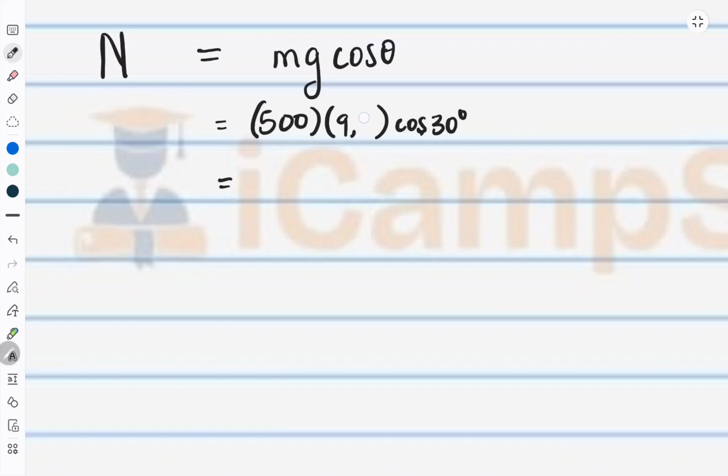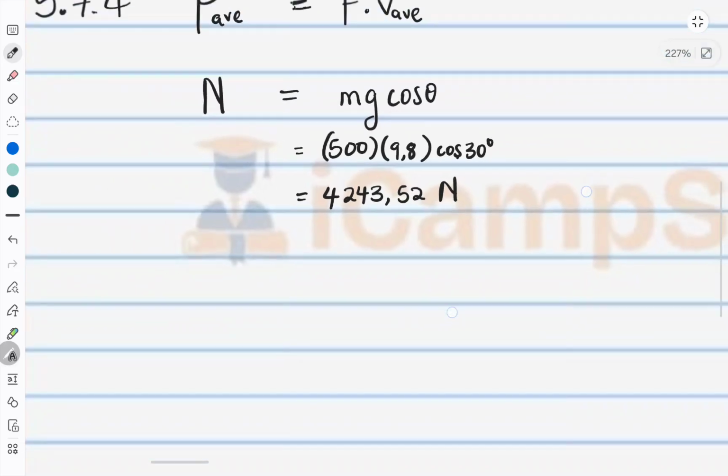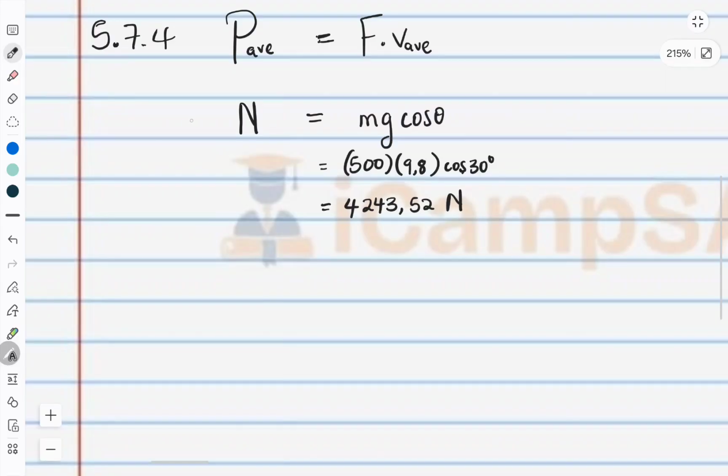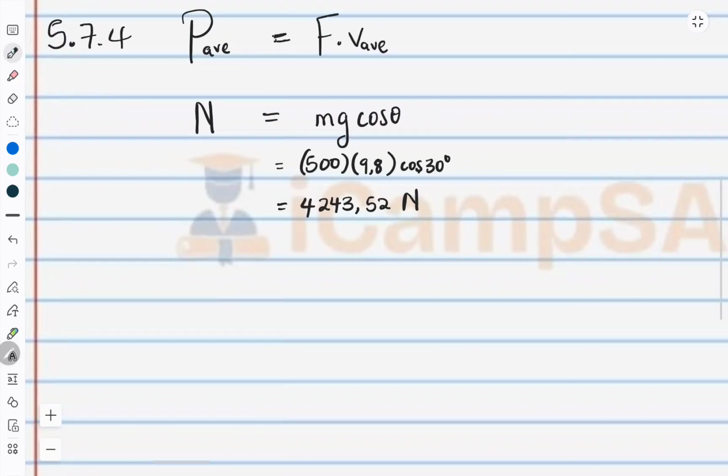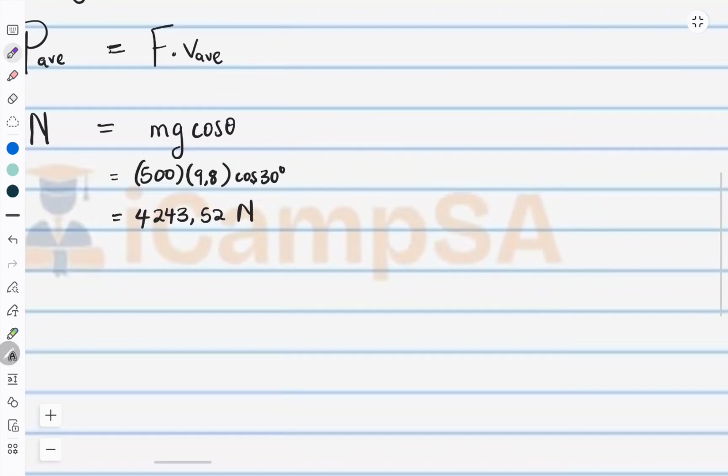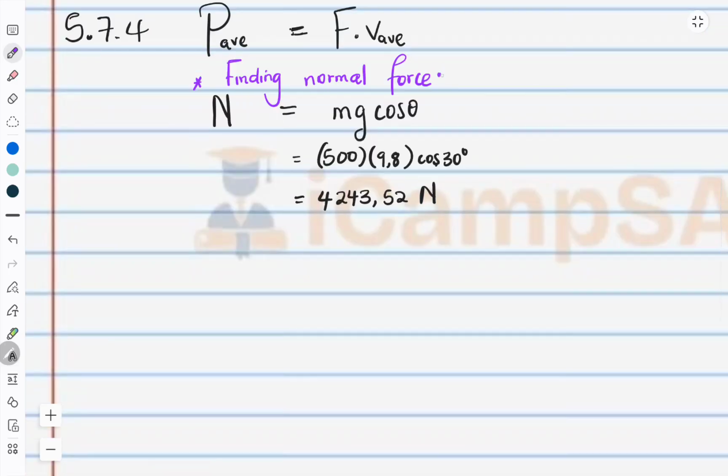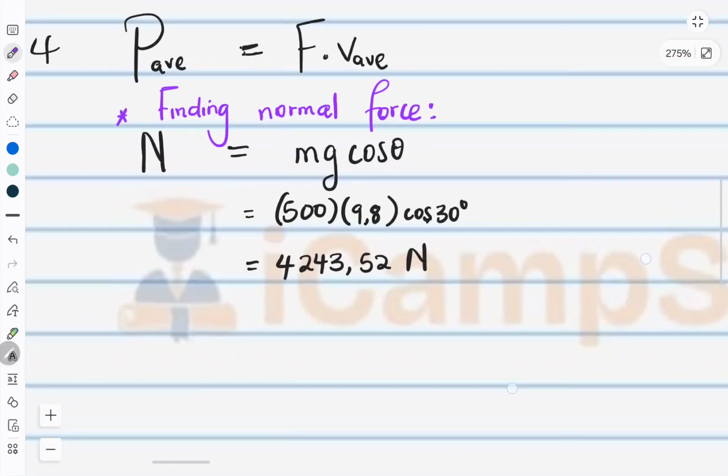Okay, let's use 9.8, that's the high school one. 9.8 times cos 30. This would give you 4,243.52 newtons. Okay, that's the first thing. We find our normal force. Okay, we have our normal force.